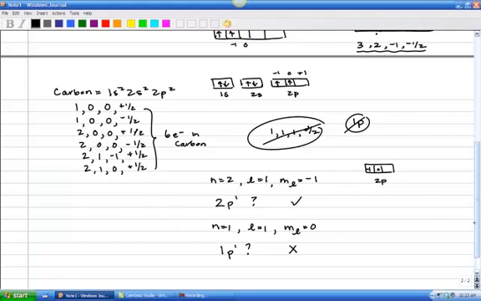Now let's try another one. N equals 1, L equals 0, m sub L equals 2. Okay, so here we go. 1s. Now, the electron in the 1s is allowed, so that's fine. But now we have m sub L of 2.